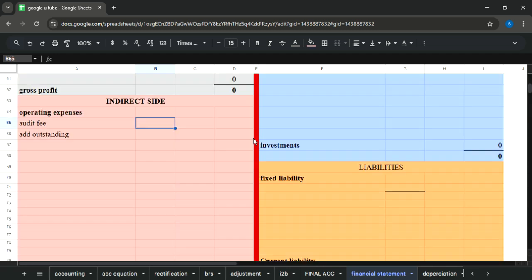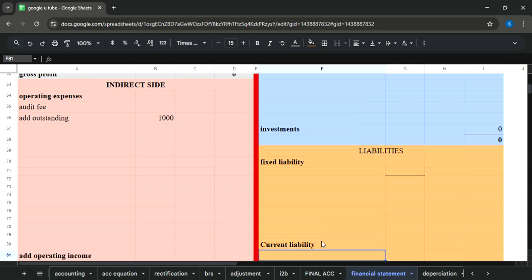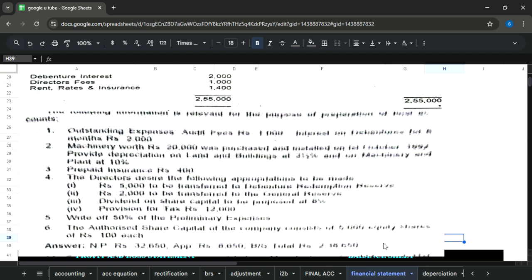Write down 1000 in the operating expense side, and now you will go to the liability side, current liability, and here you will mention outstanding audit fee. The amount of 1000 would be mentioned over here. You can see both effects are completed, one on the left indirect side operating, second on the current liability side. So in this way, each and every adjustment present over here will have two effects.